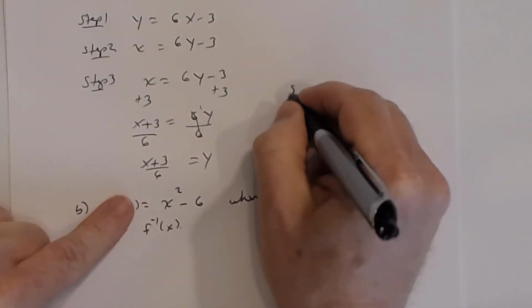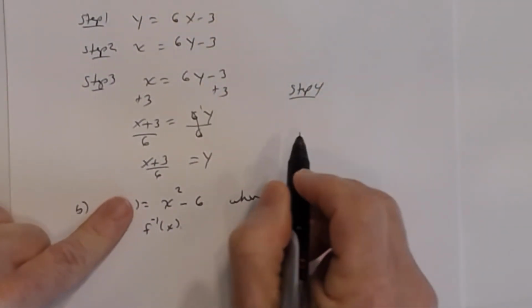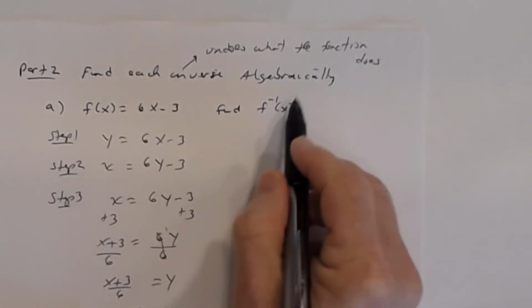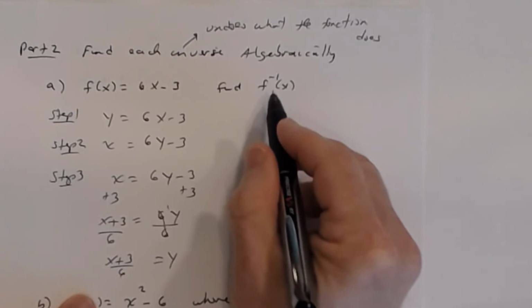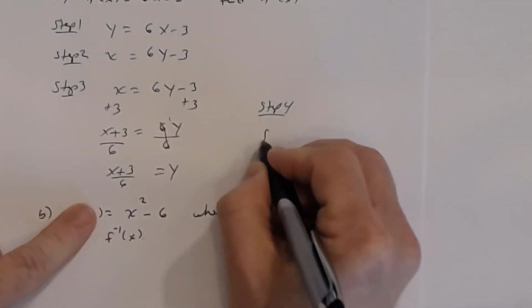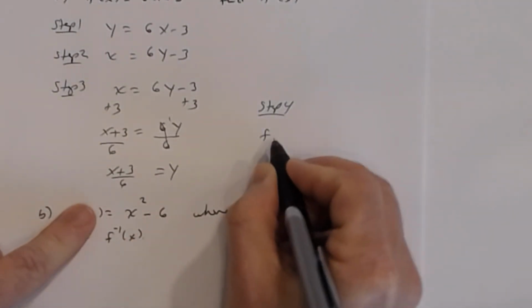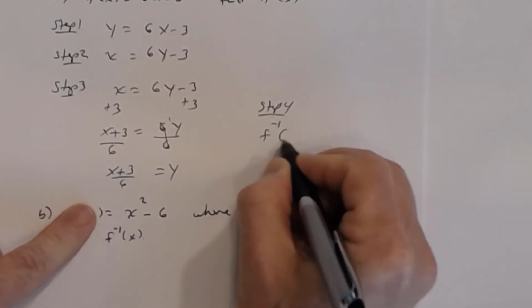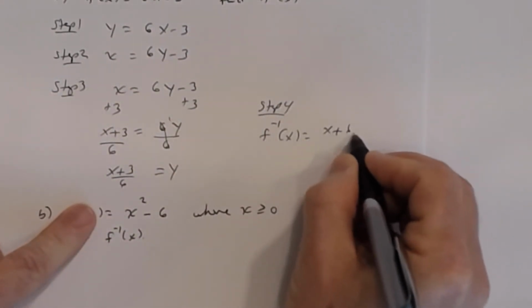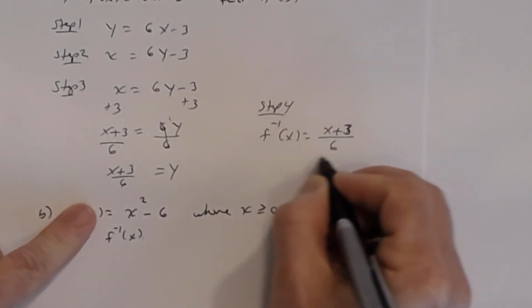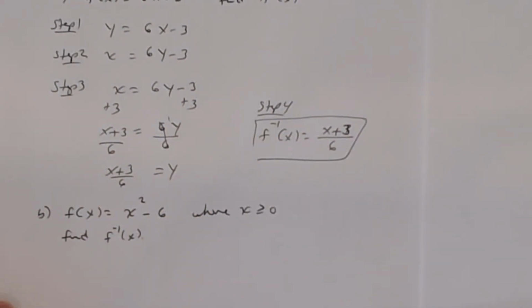Now, step 4, though, to indicate that inverse, see it says find f inverse, so you must say f inverse of x equals. So you got to write this. So step 4 is replace this with this. f inverse of x equals, and then there's your answer. x plus 3 divided by 6. All right, so there's your inverse.